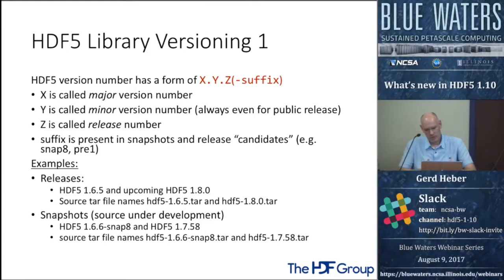So we talked about how we version the library and we version the file format. Let's talk about library versioning first. Any HDF5 library version has a numerical form, HDF5 x.y.z, and sometimes there is a hyphen suffix appended at the end, as is very common in software development. X is called the major version, Y is called the minor version, and Z is what we call the release number.